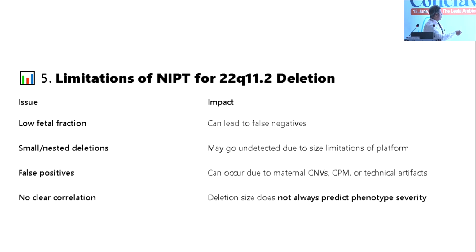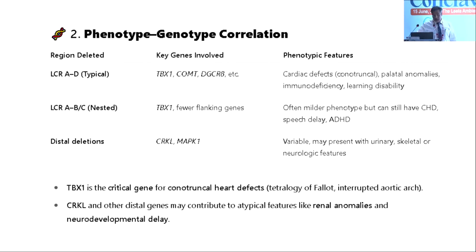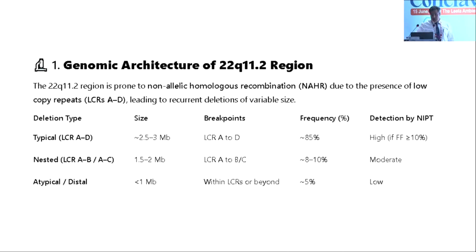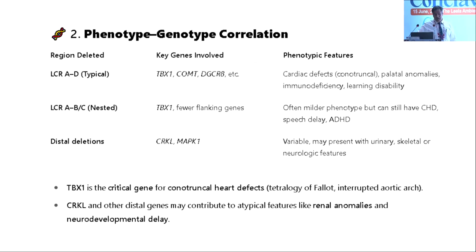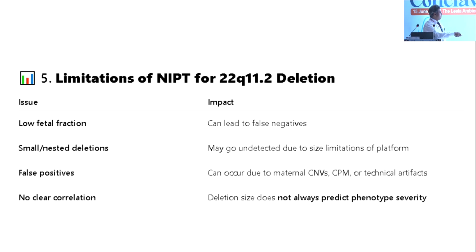And if these are small and nested deletions, they would not be picked up. If it is a typical deletion, it can be picked up on NIPT, but these nested and distal deletions would be missed. So NIPT would not be able to identify all the microdeletions involving 22q, which is the commonest microdeletion.